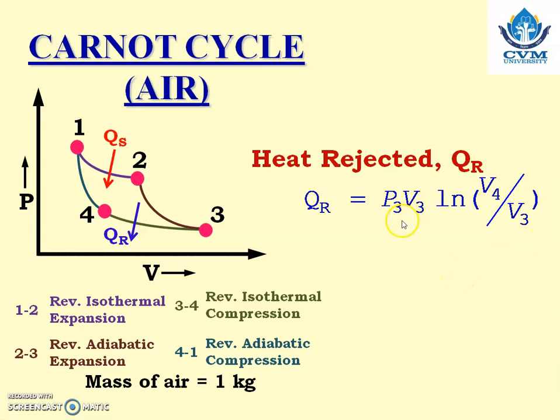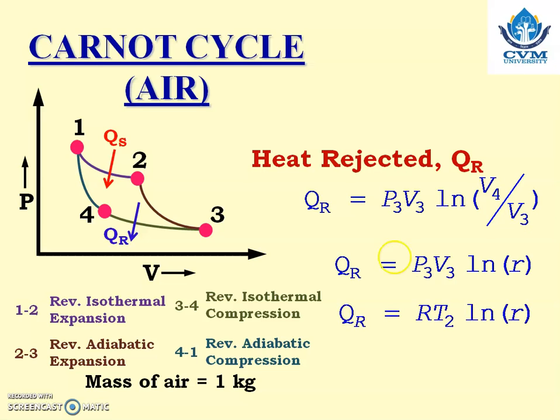And here also, instead of P3 V3, we can write MRT2 because temperature is T2 and V4 by V3 is R and mass is 1 kilogram, so it is RT2 ln R. So why it is T2, that you will come to know when you will study the TS diagram, because at point 3 temperature is T2 or TL.